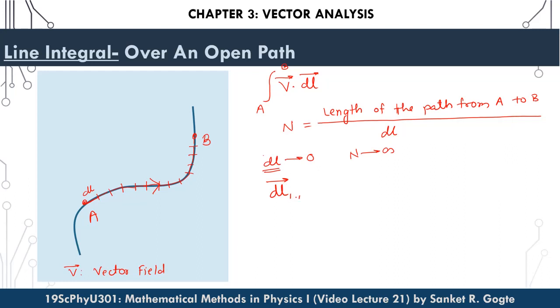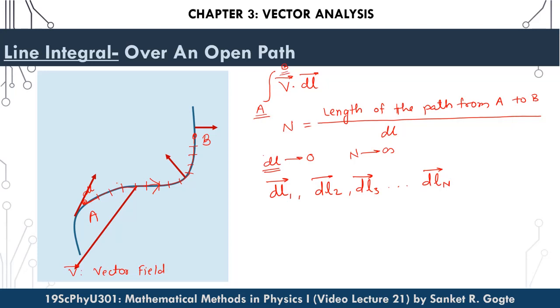All these vectors dl1, dl2, dl3 up to dln have the same magnitude but their direction is different in general. Then what we do is we consider the vector field at each point along the path from point A to point B.